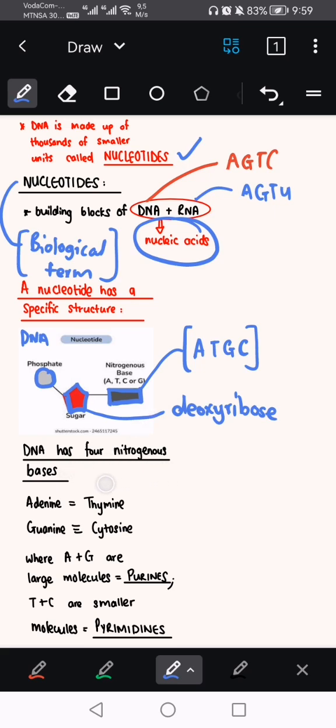Now, DNA has 4 nitrogenous bases. Adenine is one of them. What we need to notice is that adenine will always bond with thymine. A always bonds with T. G always bonds with C. Guanine always bonds with cytosine. And what we want to note is that adenine and guanine are known as purines because they are large molecules.